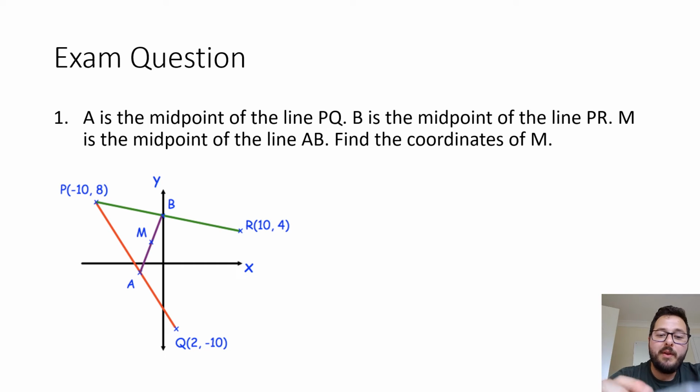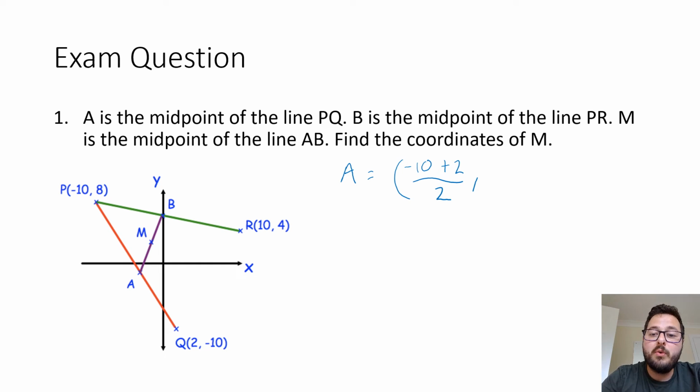Okay, well, if we wanted to find the coordinates of M, we definitely need to know A and B, don't we? So let's just work those out to start with. So A is the midpoint of P and Q. So the x coordinate of P is minus 10, and the x coordinate of Q is 2.